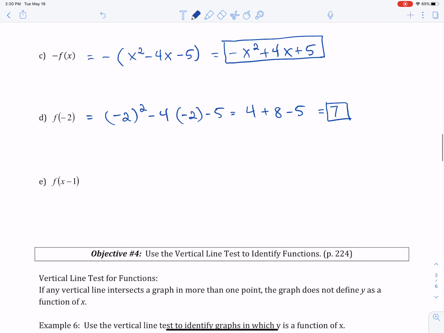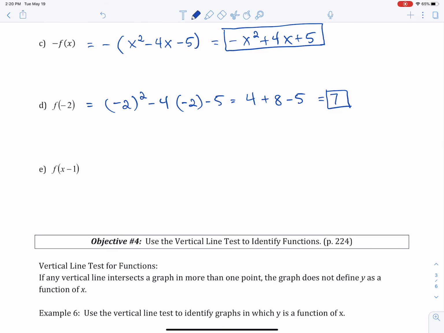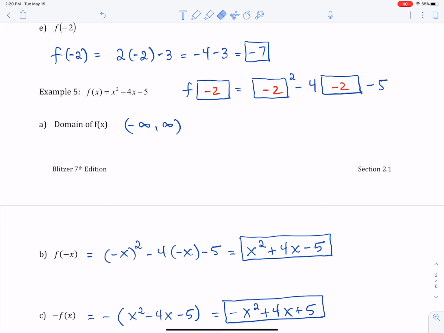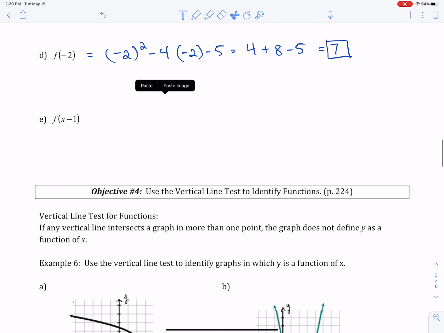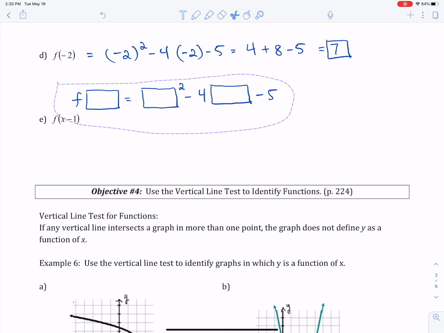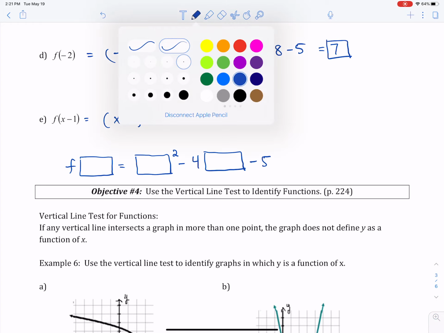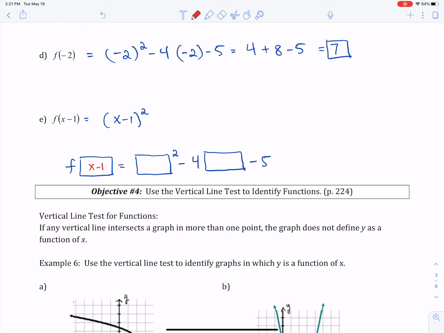F of x minus 1. So I don't jump up and down, I'm going to copy my machine again here. And substituting it, put it here. So that's going to be x minus 1 squared. I'm putting x minus 1 in the box.